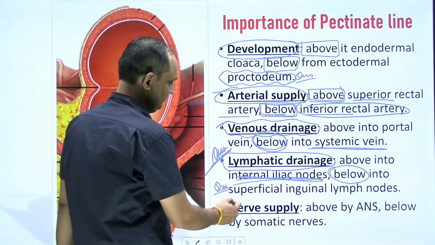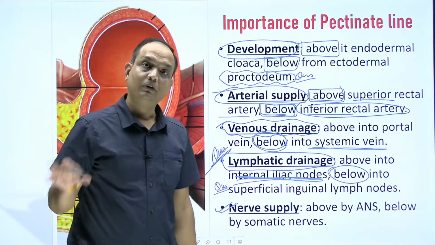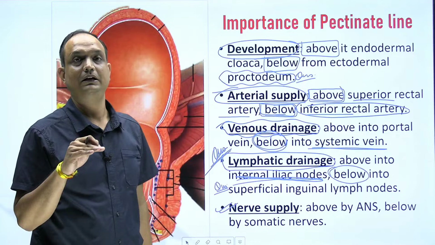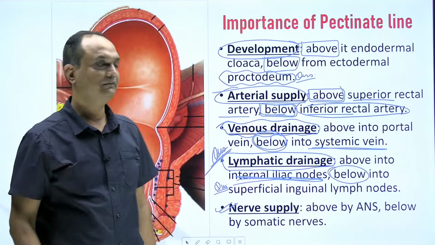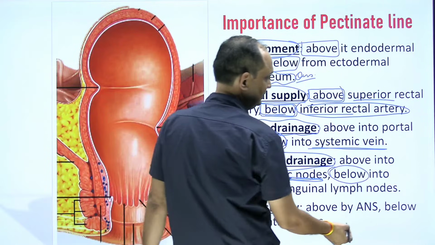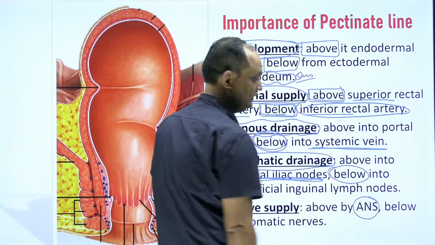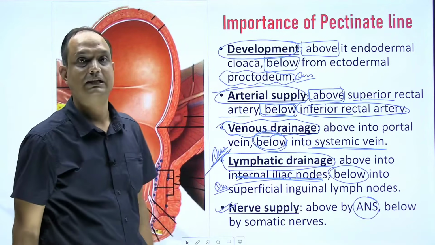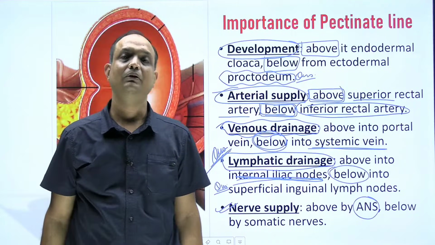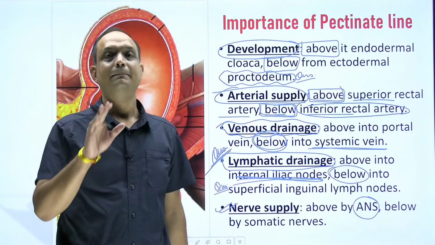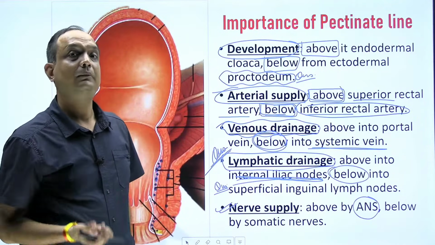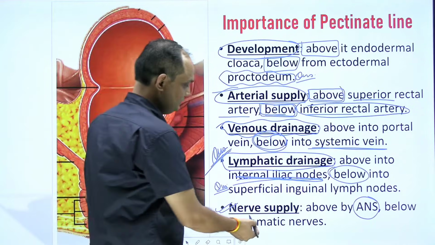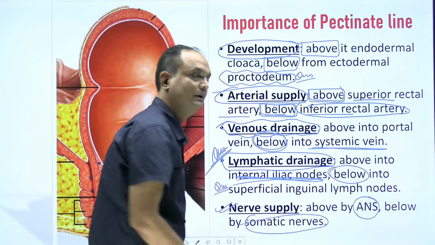Lastly, about the nerve supply: the area above the pectinate line of the anal canal is supplied by the autonomic nervous system. That's why internal piles or hemorrhoids above the pectinate line are painless, because they are supplied by the autonomic nervous system. But below the pectinate line, hemorrhoids are very painful. Why? Because they are supplied by somatic nerves.